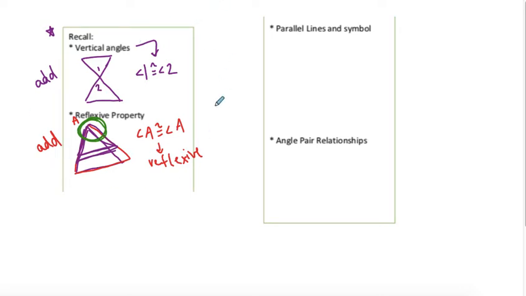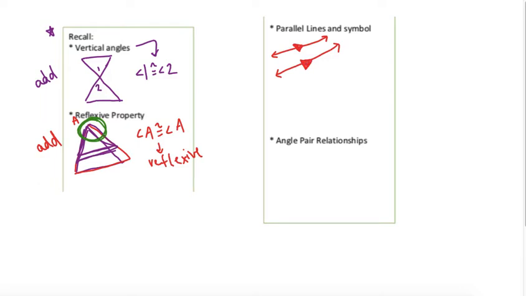All right, so these are two things that we want to be able to add to our pictures if we have them. The next two are looking at recalling stuff from Integrated 1 again, where we have parallel lines. If I have a set of parallel lines, and I might not even add a transversal here, even if they don't look parallel, that could just be my drawing, I add a symbol to it that tells me these are parallel.